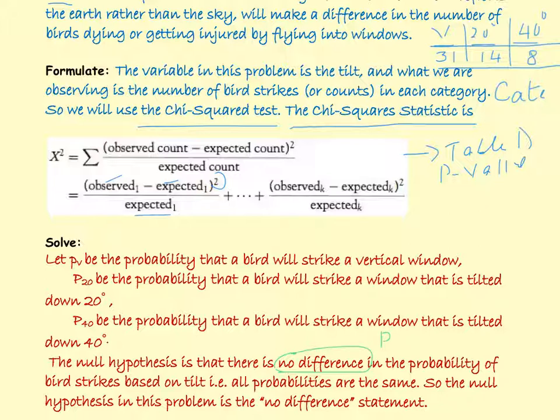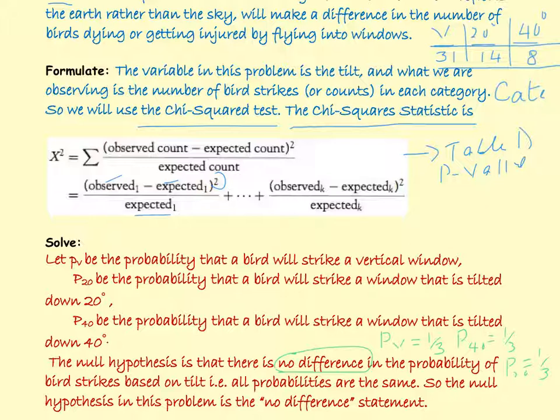the fraction or proportion of counts on the vertical windows should be 1/3. The fraction or proportion of the counts in the 40-degree windows should be 1/3. And the third bucket, which is the 20-degree window, the probability or proportion should also be 1/3. So this is what a no difference statement really means.